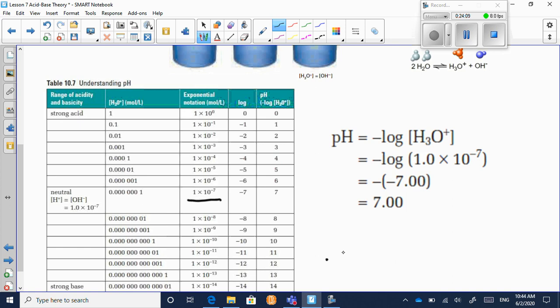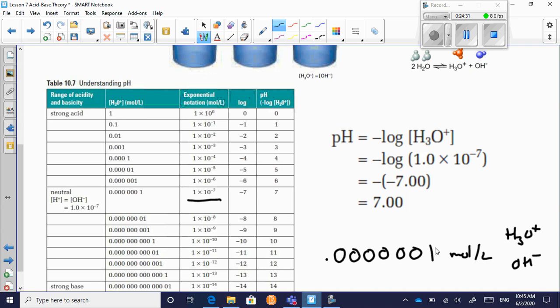It's point, and then 1, 2, 3, 4, 5, 6, 1. That's how many. That's the moles per liter of hydronium and hydroxide in water. Okay, so not very much.